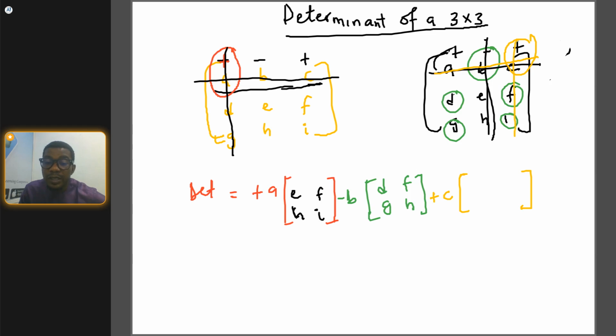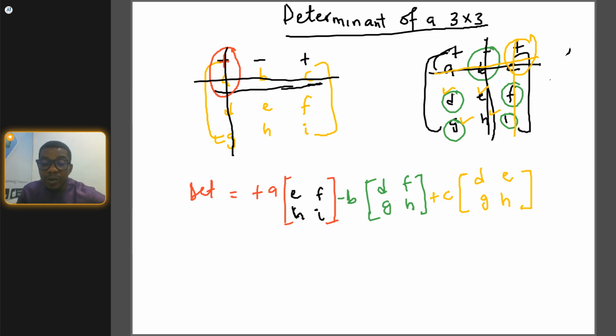So we have done that, and we are left with D, E, G, and H. These are the values that we have for plus C. Now all these will serve as the way out to get the determinant of a 3 by 3 matrix.